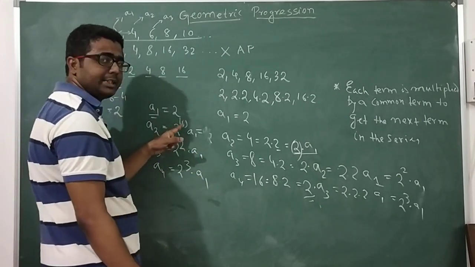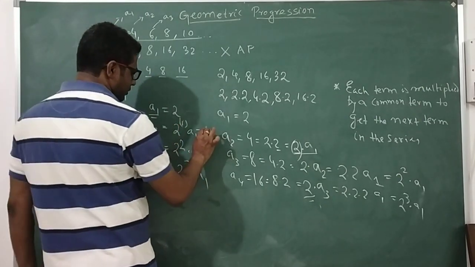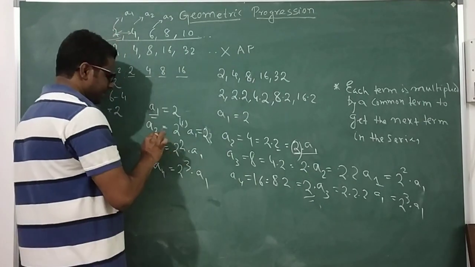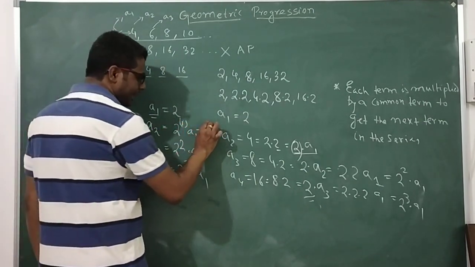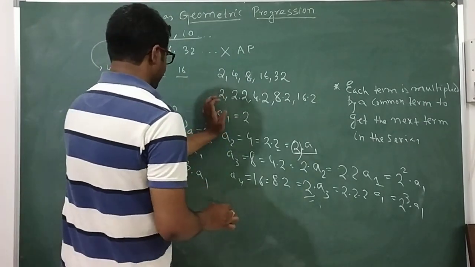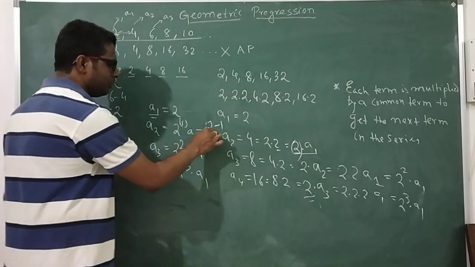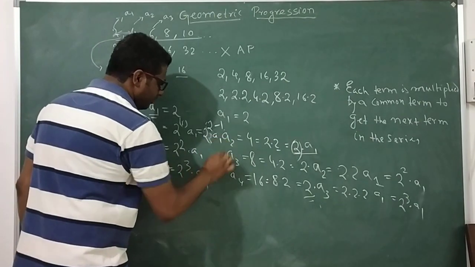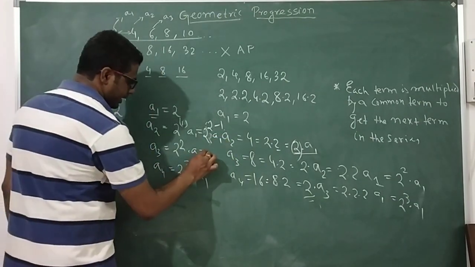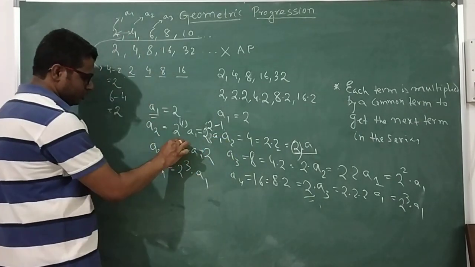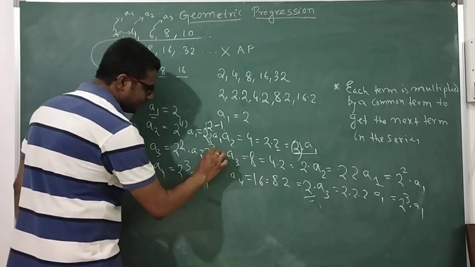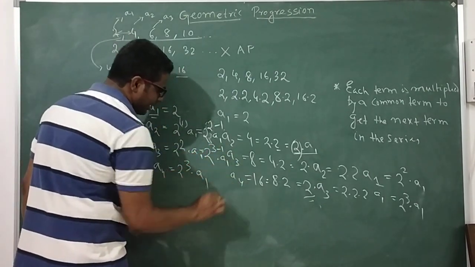The only thing that is changing is the exponent of the 2. So this is A2, the second term, so I'll write it as 2 to the power 2 minus 1 into A1. Here, 2 to the power 2, that is 3 minus 1 into A1.